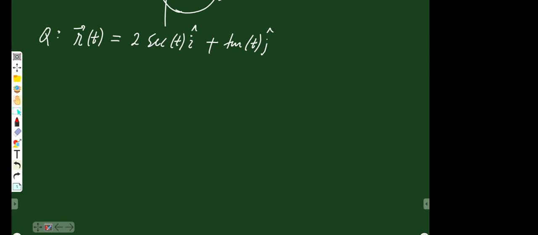Yeah, so it's going to be, let's see, sec squared t equals 1 plus tan squared t, right? So it's going to be x squared divided by 4 minus y squared is equal to 1.